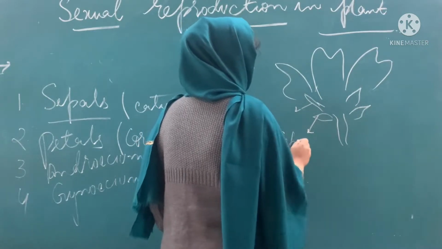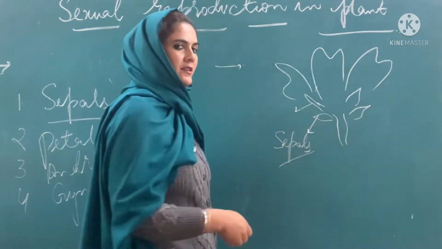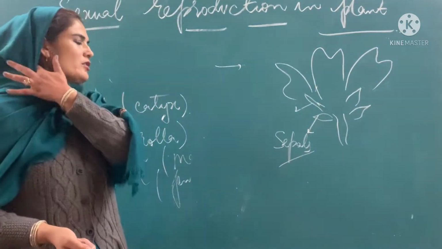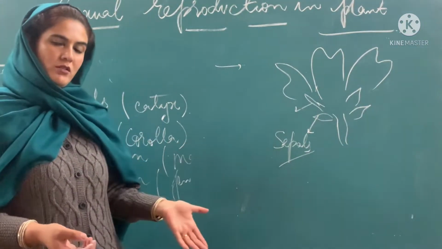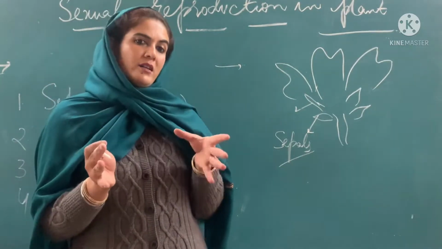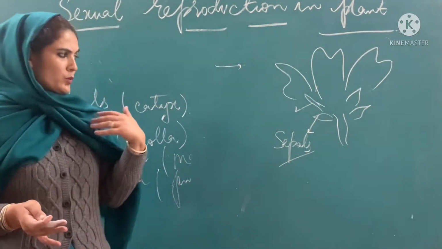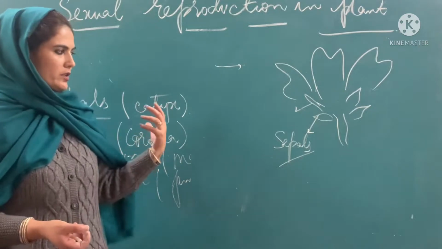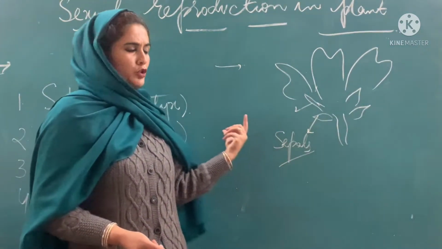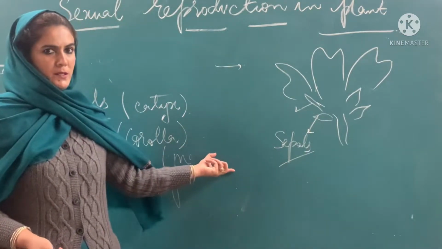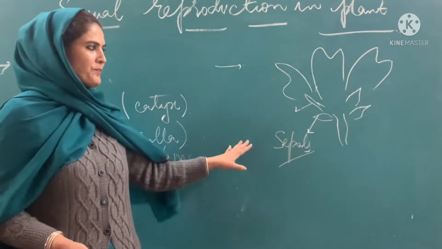They are present at the base. And the main role of sepals is that they are protective in nature. They protect the bud, which will blossom into a flower. As they are green in color, they also perform photosynthesis.